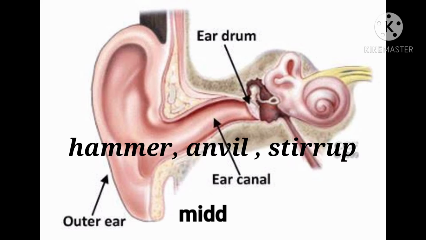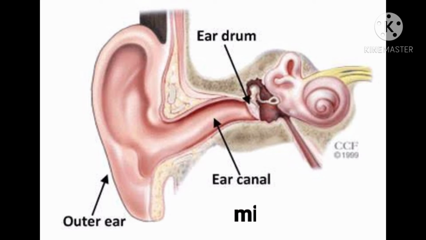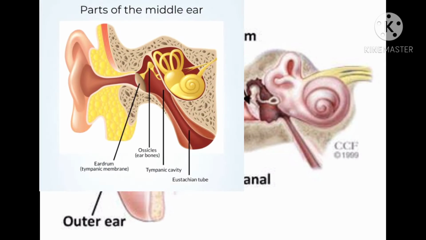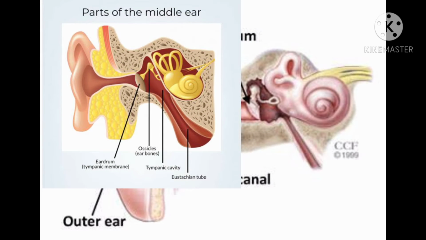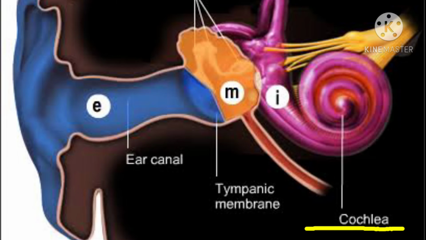The outer and middle ears transmit sound to the inner ear. It is in the inner ear where you can find the basic organ of hearing. This is located in a spiral chamber called the cochlea. The cochlea is a tube coiled like a snail. It is made up of tiny tubes filled with liquid.